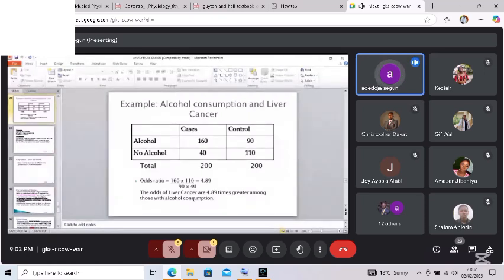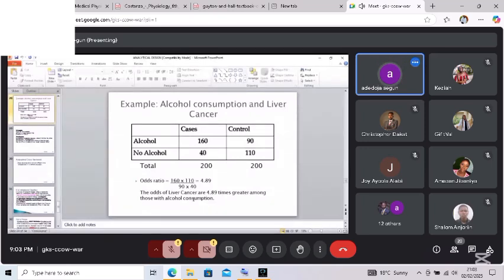If you punch it into the calculator, we are going to have 4.89 as our final answer. So the odds of liver cancer are 4.89 times greater among those with alcohol consumption.